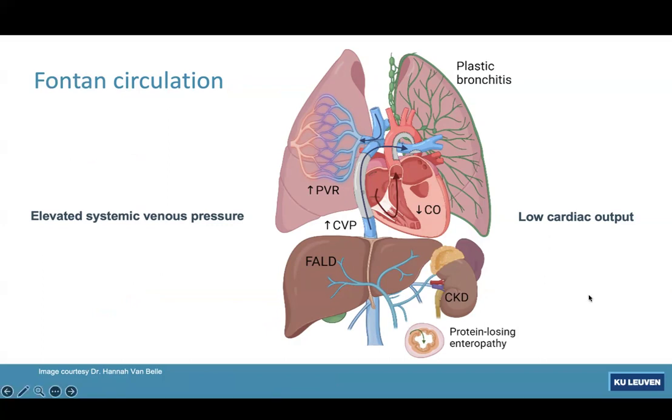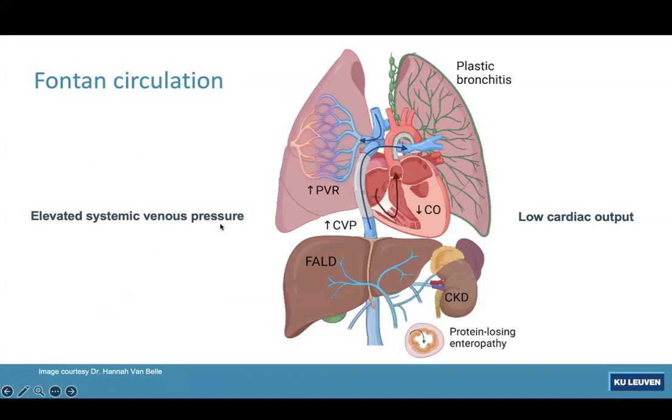So you have your systemic venous blood that is connected directly to the pulmonary arteries. We increase the systemic venous pressure a little bit to have that 15 millimeters mercury, to have transpulmonary flow, to fill the ventricle, to increase cardiac output during exercise.